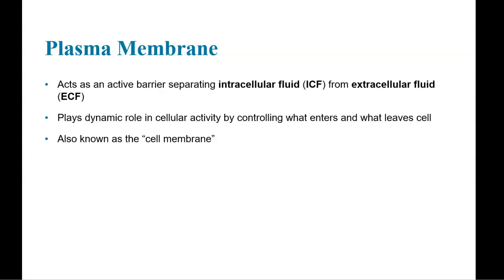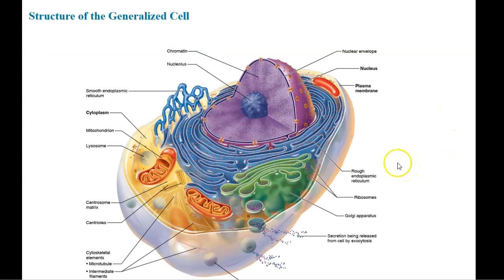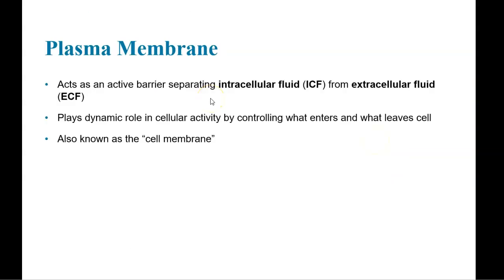It separates the intracellular fluid from the extracellular fluid. Intracellular fluid would be here, surrounding the organelles, like the mitochondria and the ribosomes. Extracellular fluid would be the fluid outside of the cell, so it would be somewhere out here. The cell membrane controls what enters and what leaves the cell.